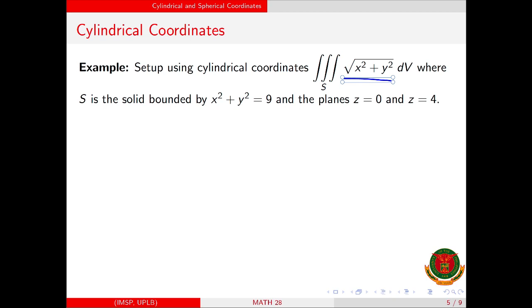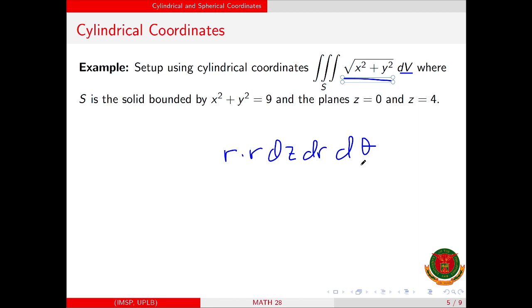And we know if we convert this into cylindrical equations, x squared plus y squared will be written as r squared. So, square root of x squared plus y squared will be represented by r. dv, we all know that that is equivalent to r dz dr d theta.